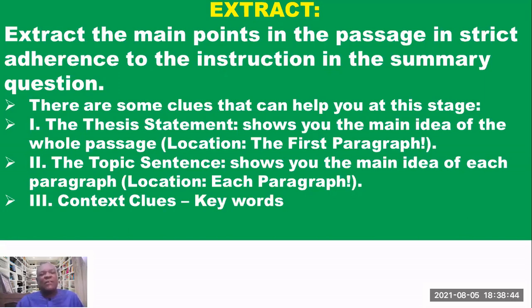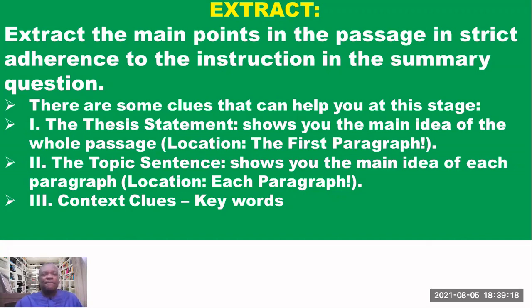Then the second clue is the topic sentence. The topic sentence is the main idea of each paragraph. So there are several topic sentences depending on the number of paragraphs that the passage contains. Now, there is something I must add quickly here. It depends on the writer's style of writing or the type of passage you are given to summarize.